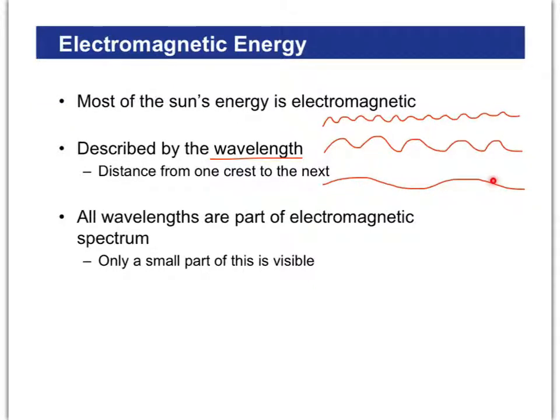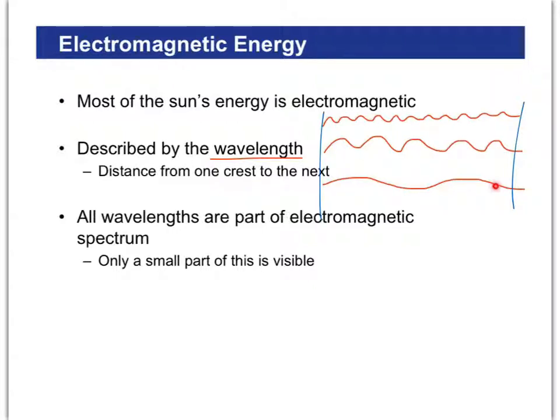They all travel at the same rate, but for a certain amount of time, let's say from here to here, they go at the same rate, but you get a lot more waves with this one than you do with this one in a certain amount of time. So all the different varieties of electromagnetic waves are determined by what we call their wavelength.